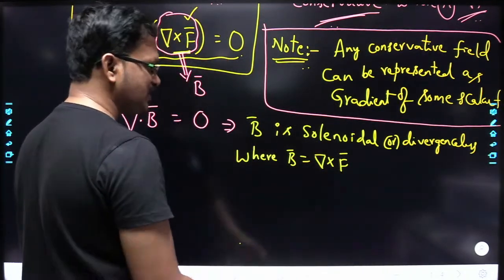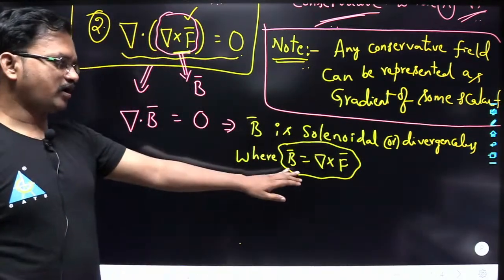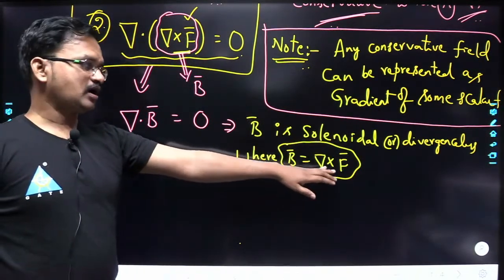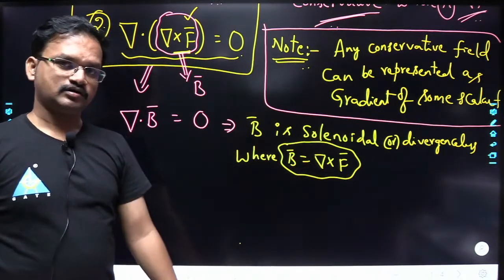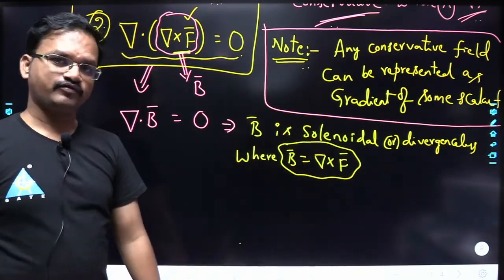So any solenoidal field can be represented as curl of some vector field, right?